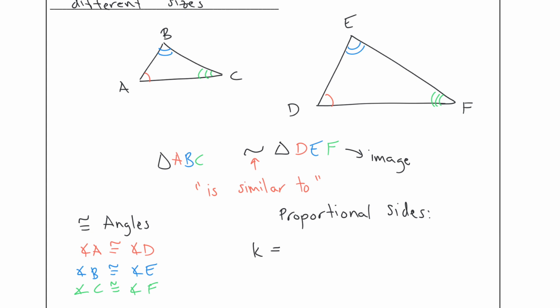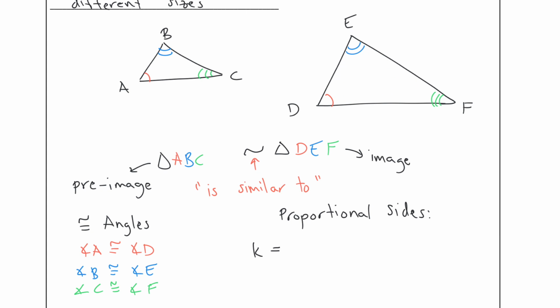And our first polygon, the polygon on the left side, is always going to be the pre-image. So this is the original shape before it got either larger or smaller. In our case, from triangle ABC to triangle DEF, we have an enlargement because we went from smaller to larger.